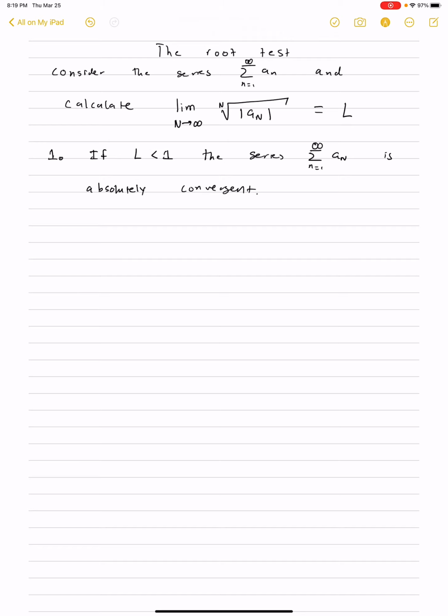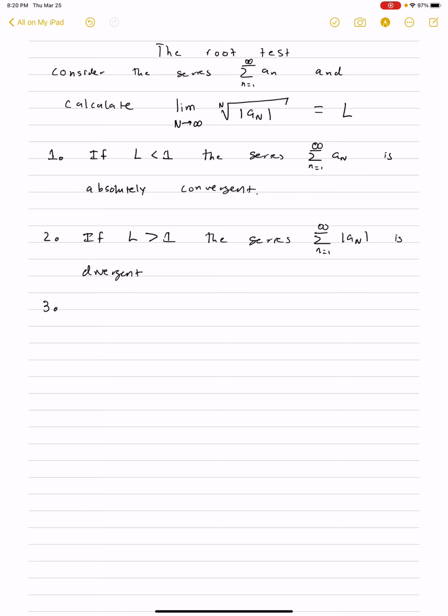If L is bigger than 1, the series a sub n is divergent.